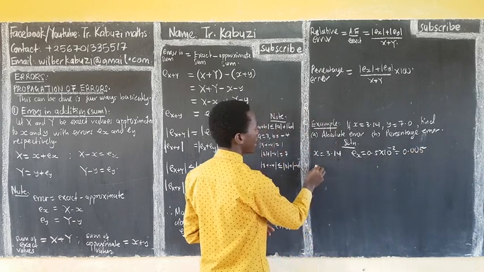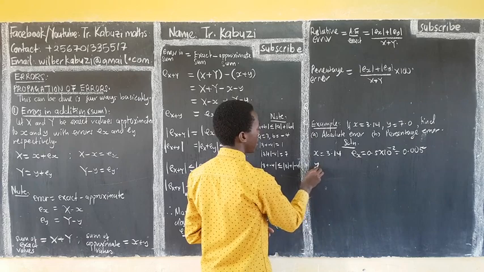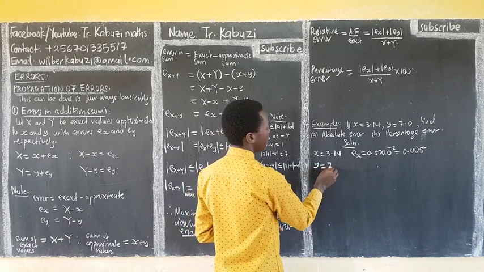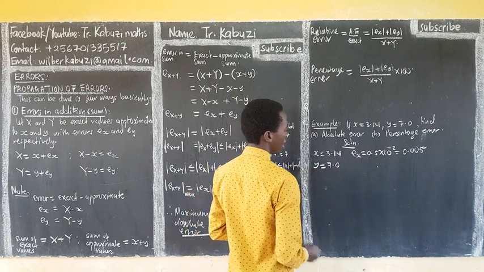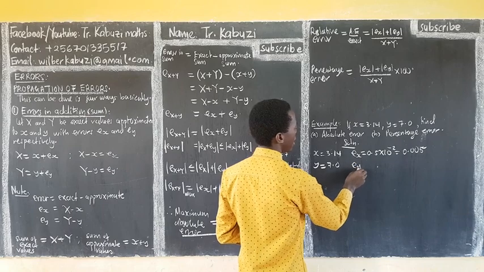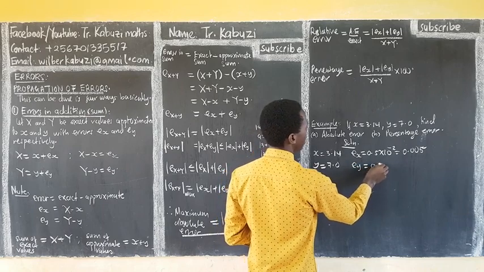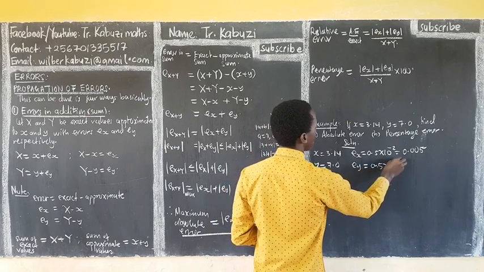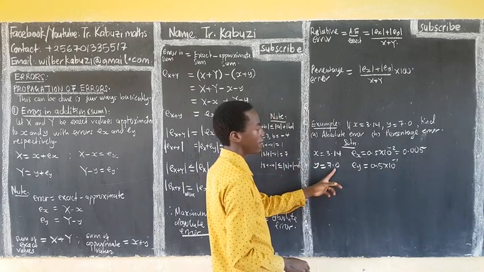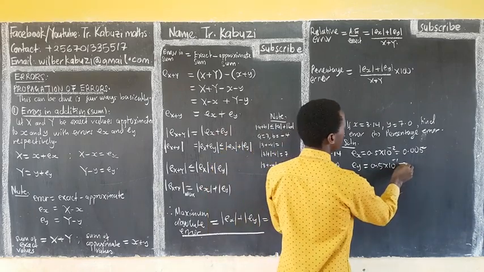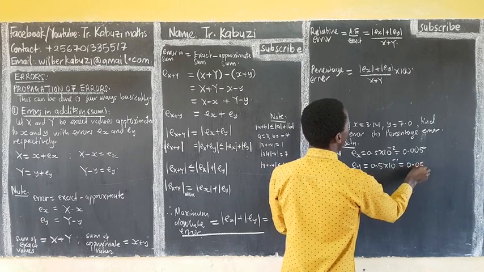My y is 7.0. Now my error in y is going to be 0.5 times 10 to the negative 1, because this was rounded off to 1 decimal place, which would be 0.05.